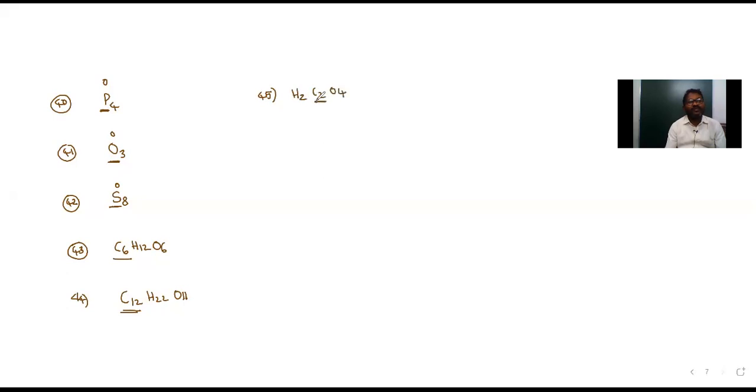In H2C2O4, I want it for carbon. In H2CO3, I want it for carbon. In CO2, I want it for carbon.